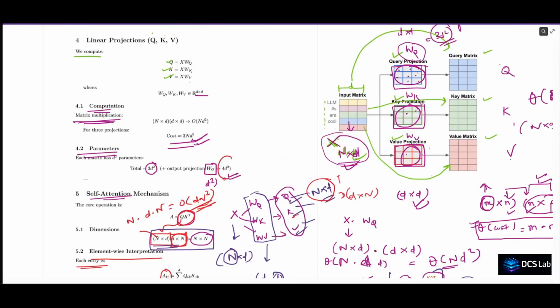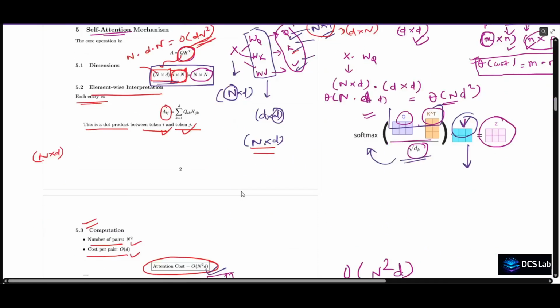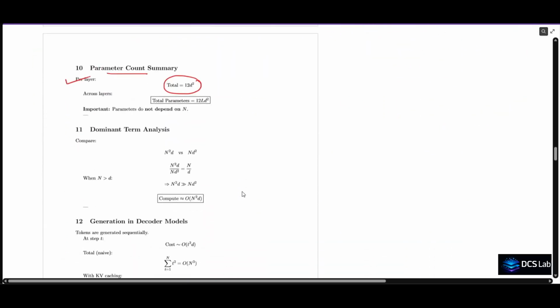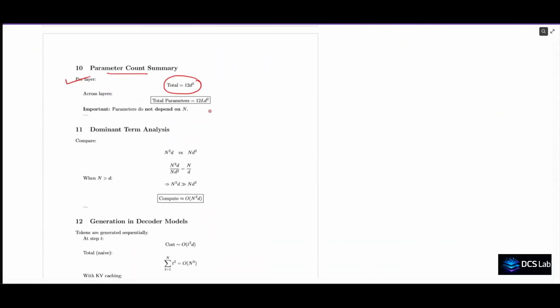So you add them, and the total becomes 12d square. Total parameters are 12 d square times L for L decoder layers. So what exactly is the catch? The total parameters are again independent of n. There is no n here.